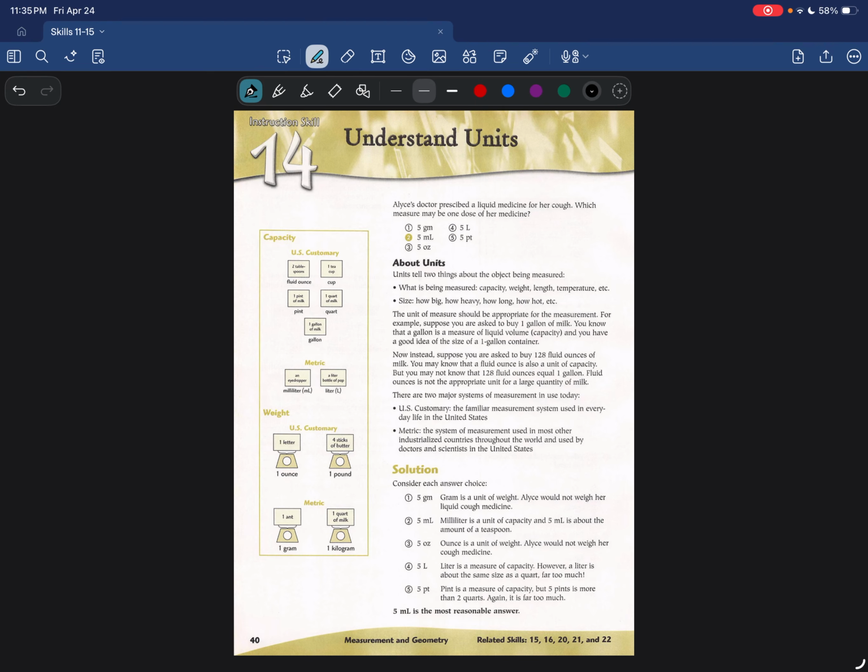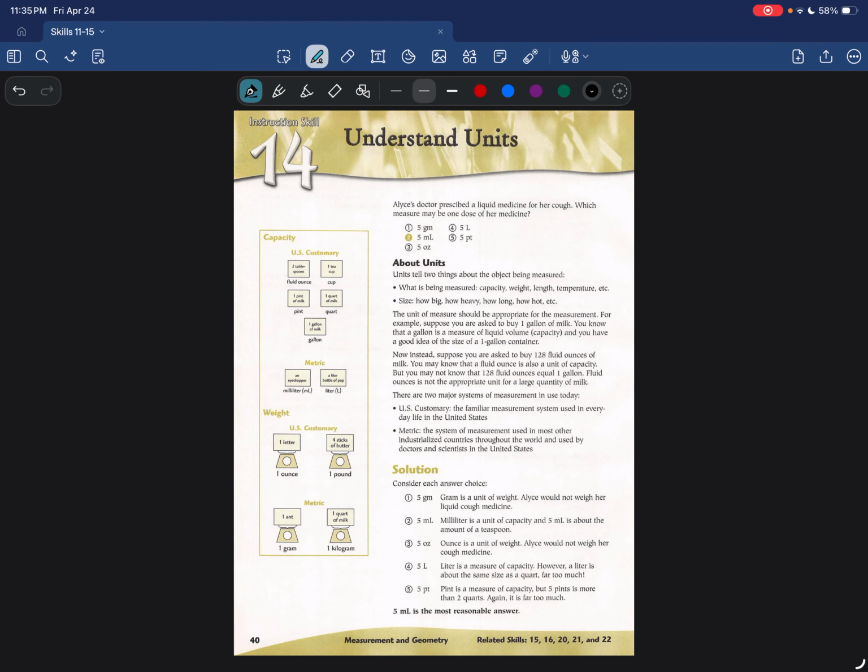Concept. Connie wants to weigh a letter to see if it needs a single stamp or 2 stamps. Which unit will Connie most likely use? Well, I can eliminate number 1, that's milliliter, that measures liquid. Number 2 is pint, that measures liquid.